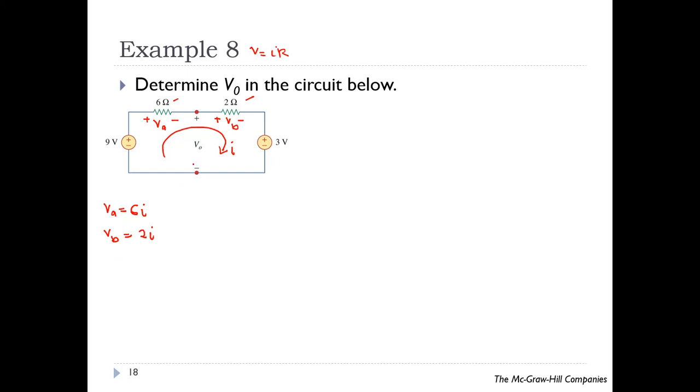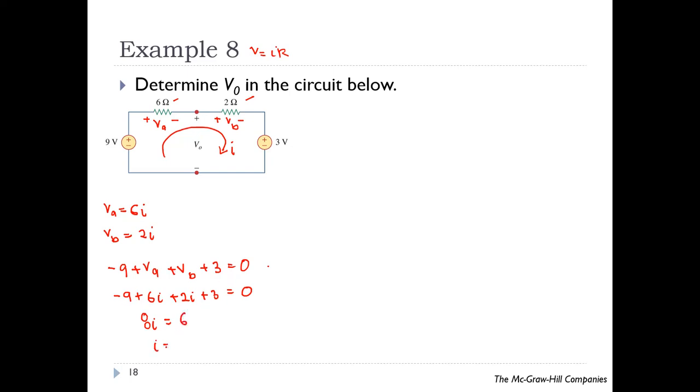So for the case of KVL, going clockwise, you have minus 9 plus VA plus VB plus 3 equals to 0. Substitute VA equals to 6I: 6I plus 2I plus 3 equals to 0. 8I equals to minus 9 plus 3, which is 6.